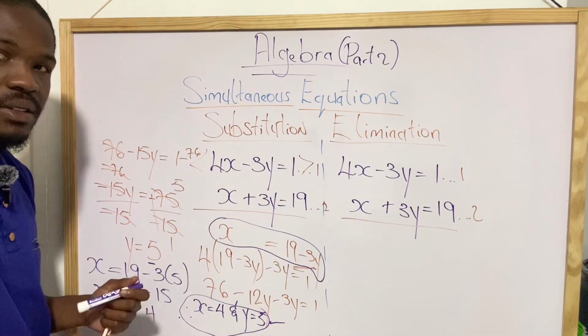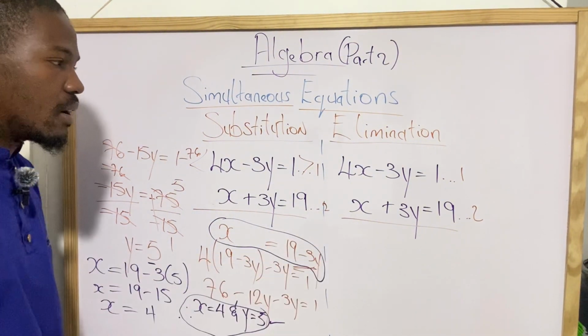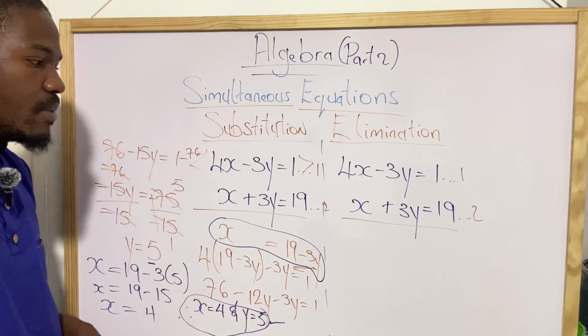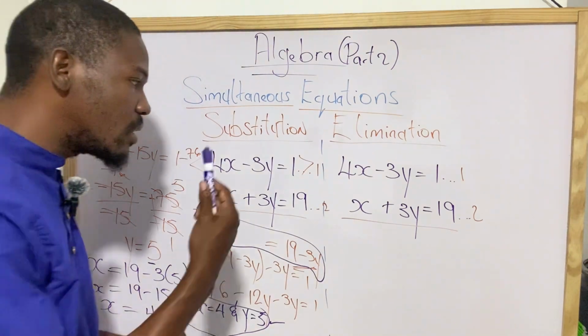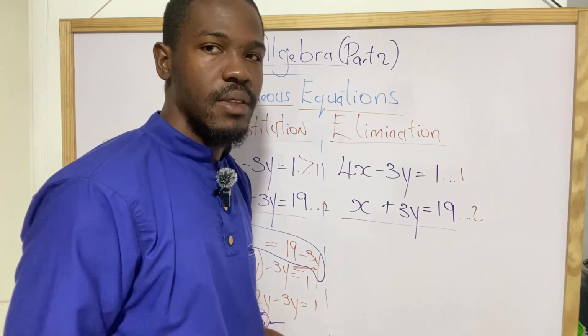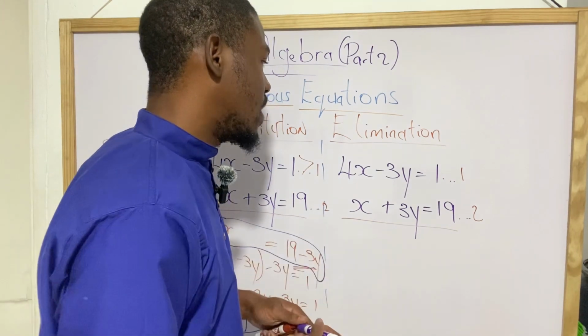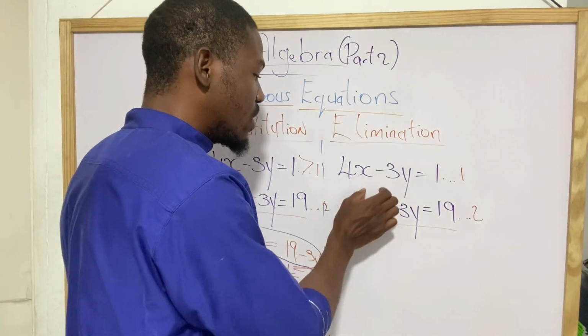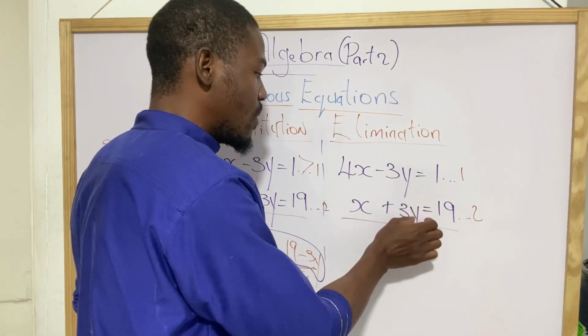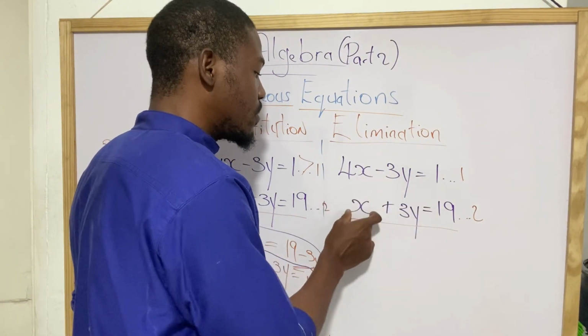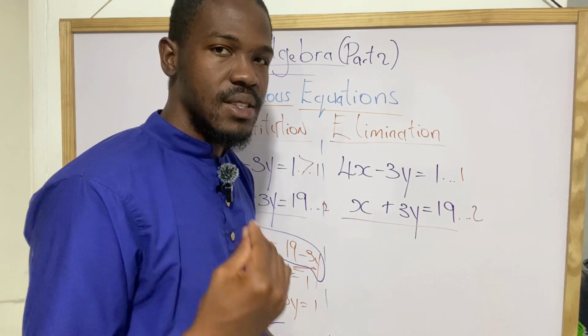Right? So let us now talk about the elimination method, right? Now, in doing the elimination method, we have to bear in mind that when we look at our variables x and x, y and y, we need one of the variables to have coefficients that are the same.